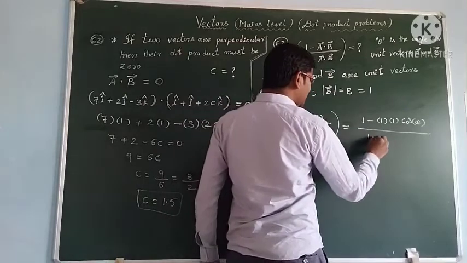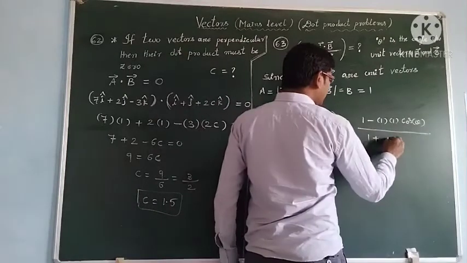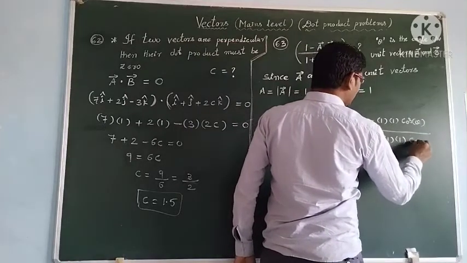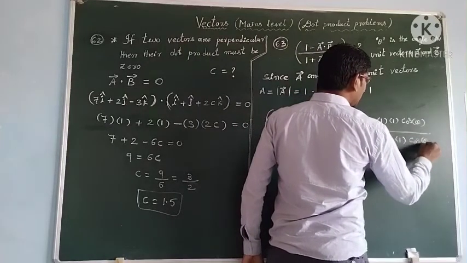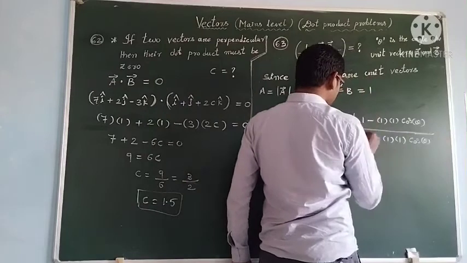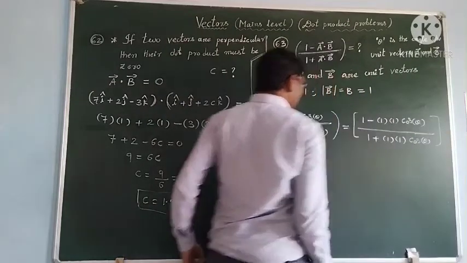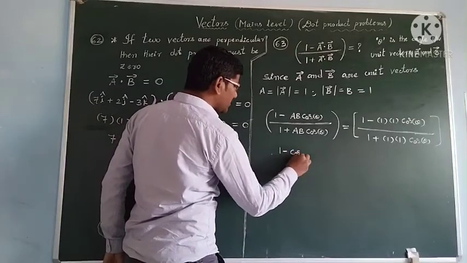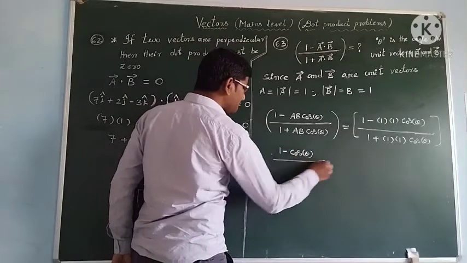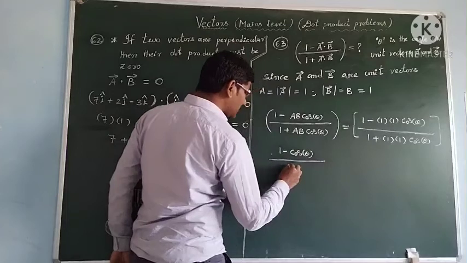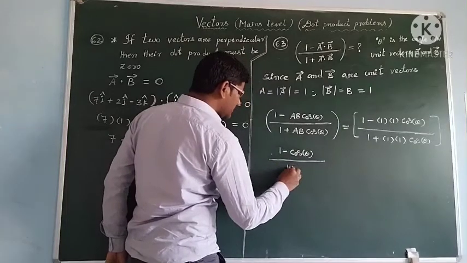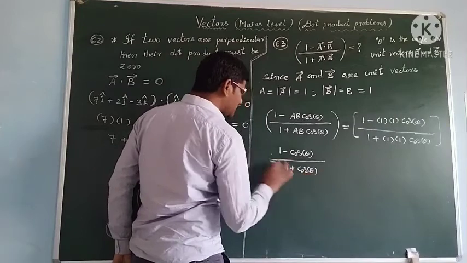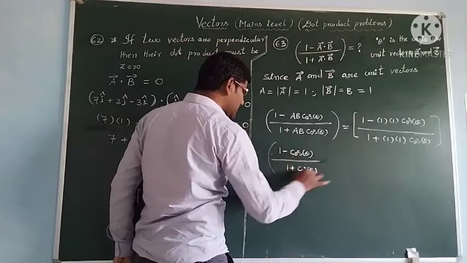So 1 plus magnitude of a 1, magnitude of b 1, and cos theta. Then you will get 1 minus cos theta by 1 plus cos theta.